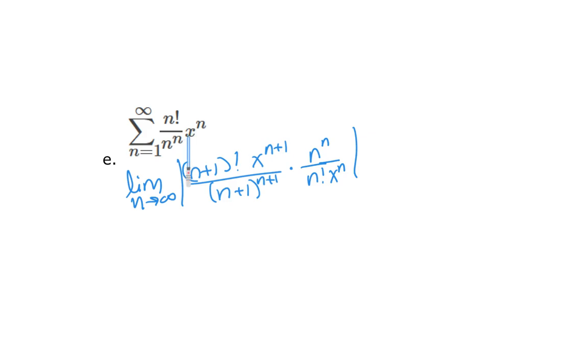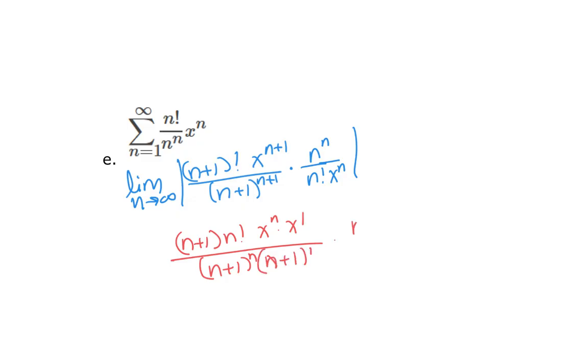That's because this is x to the n over 1, so it needs to be 1 over. As before, we're going to do our algebra, n plus 1, n factorial, x to the n, x to the 1, n plus 1 to the n plus 1 to the 1, n to the n factorial, x to the n.